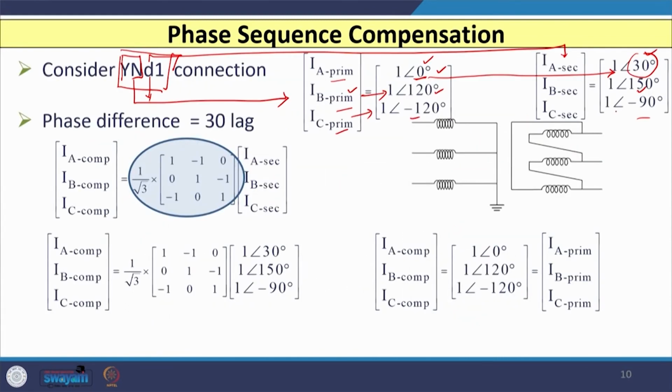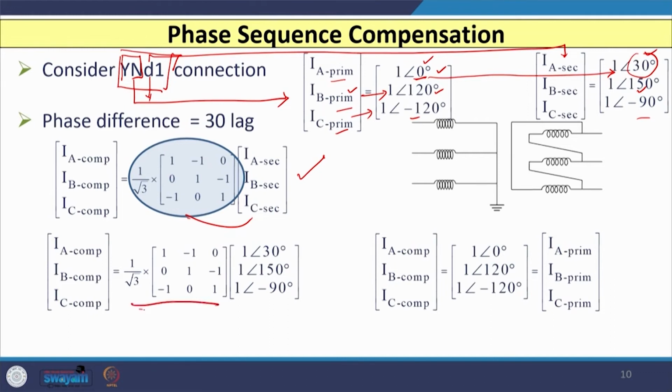These currents, which are my secondary side currents, that is 1 angle 30, 1 angle 150 and 1 angle minus 90, I need to multiply with the matrix as I have explained, that is 1 by root 3 into that matrix.